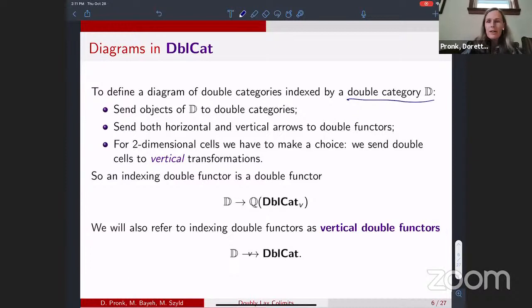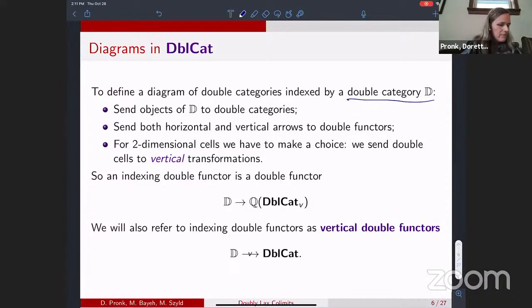So an indexing functor for us is then going to be a double functor from D to the quintets of double cat V. So it looks like we have thrown out a lot of the horizontal structure by doing that, but we'll see in a moment that we can regain that once we start talking about the transformations between these functors.